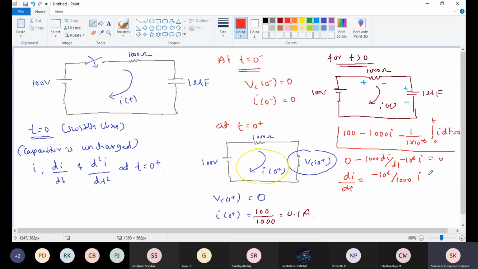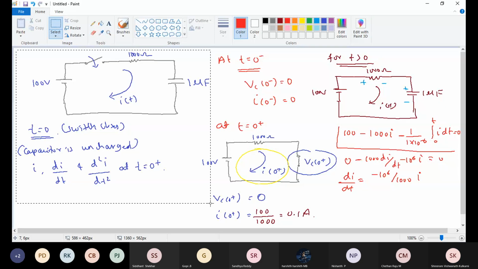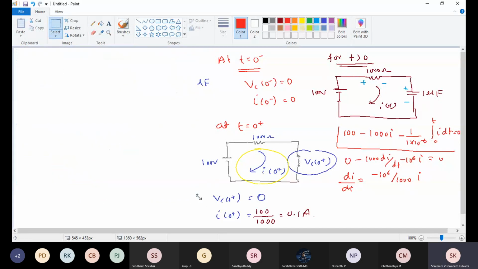Okay, now at t equal to 0 plus, I got this di by dt.